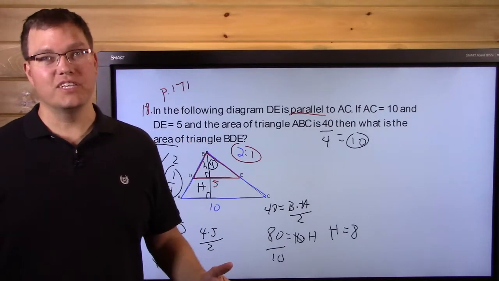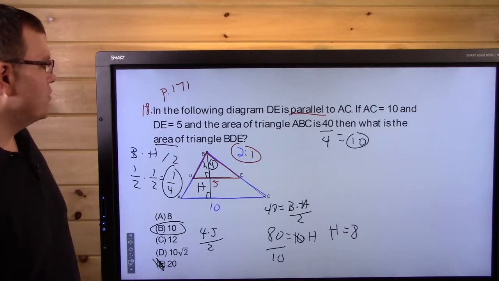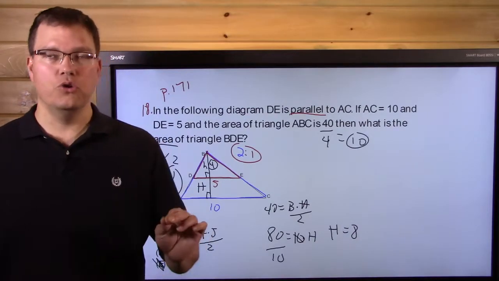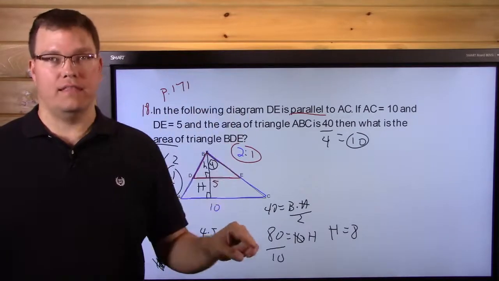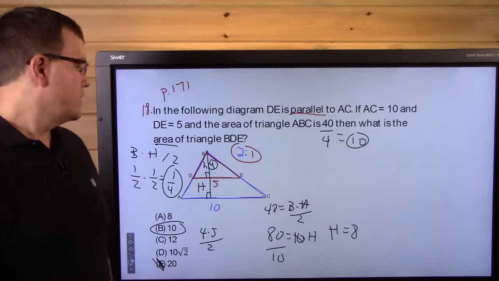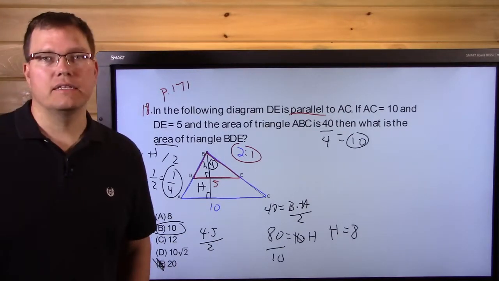In 3 dimensions, well, that's when you cube it. So that would be interesting. If you cut the sides of a cube in half, you cut the volume to 1/8. 1/2 times 1/2 times 1/2, 1/8. So the correct answer for this one is going to be answer choice B, 10.